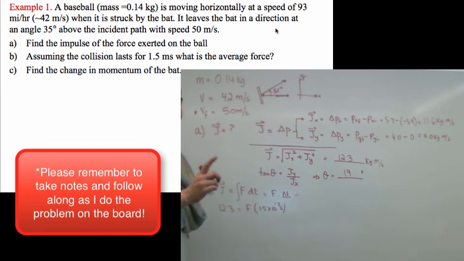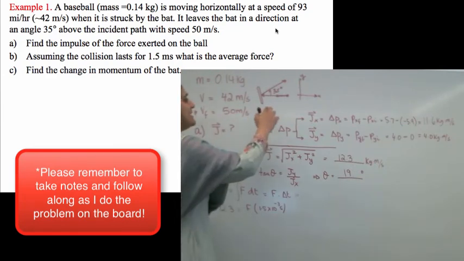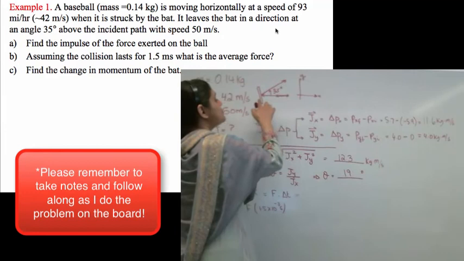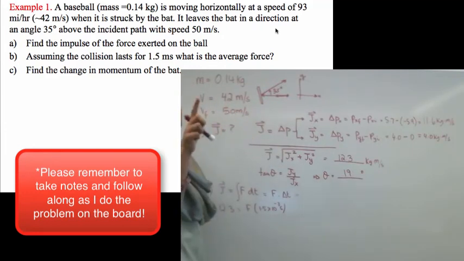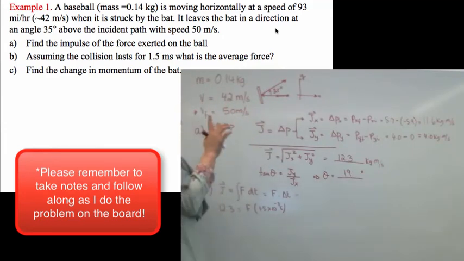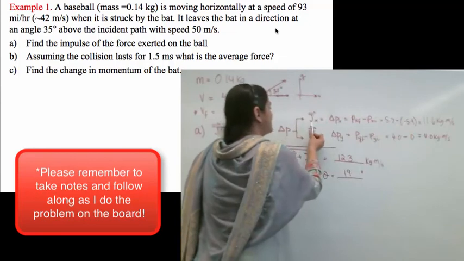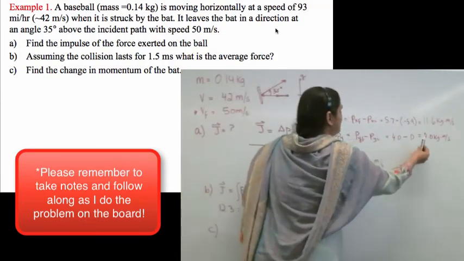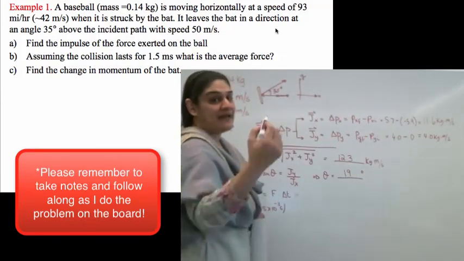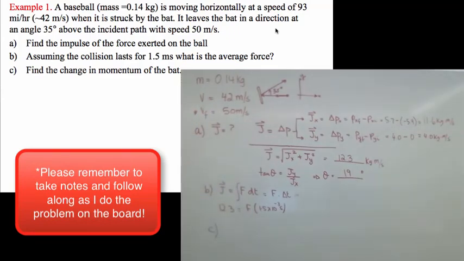Part C, it says find the change in momentum of the bat, which is very interesting because Newton's third law says that the change in momentum of the ball should equal the negative change of momentum for the bat. Okay, so for part C, all you have to do is pick up this value for Jx for the ball and this value for Jy of the ball, and that will be the change in momentum for the bat as well.